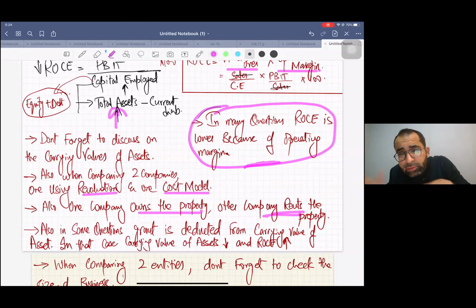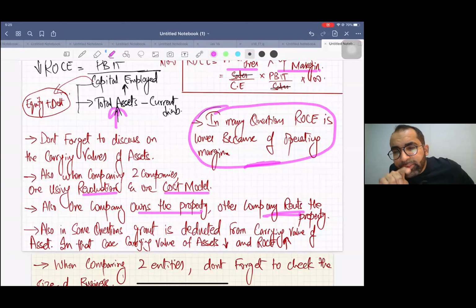So their asset base will be higher, and accordingly their capital employed will also be higher. Yes or no? But company B does not buy assets. They just take factories and properties on rent, like an operating lease.